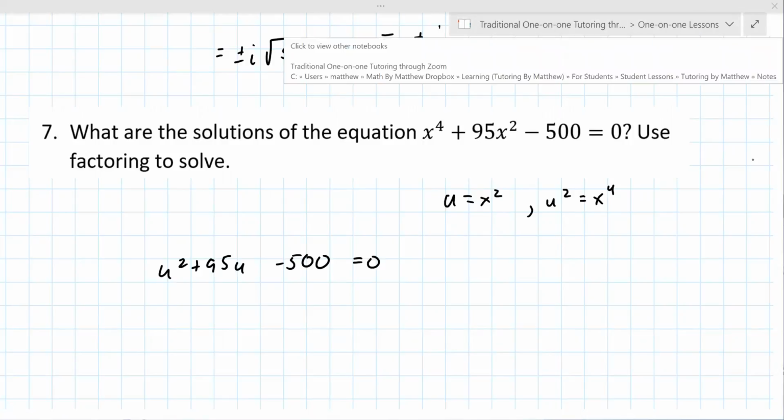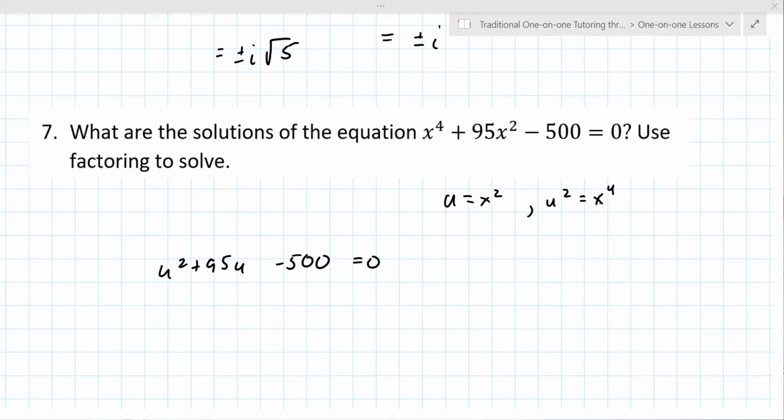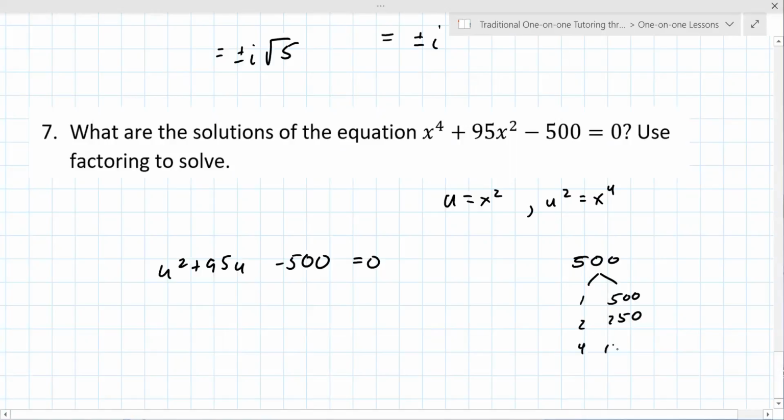Great. This one's just bigger numbers. 500's a pretty big one to factor. It's probably easier if I just give you the answers here. So 1 and 500, 2 and 250, 4 and 125.